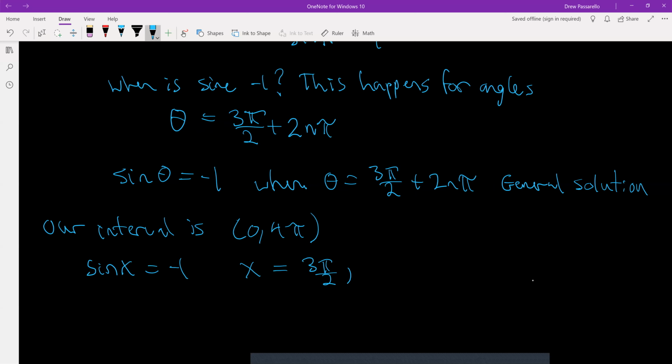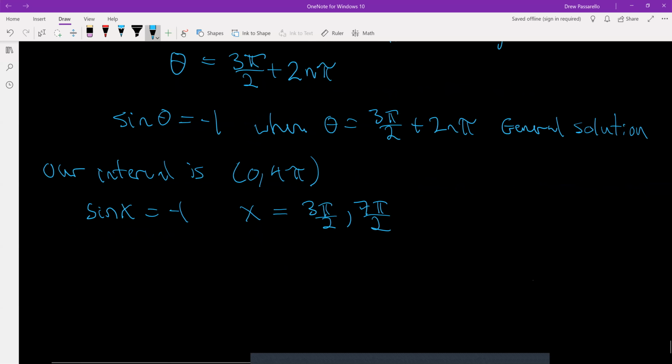And then when you go another revolution, 7 pi over 2 is between 0 and 4 pi, the second revolution that you go around.